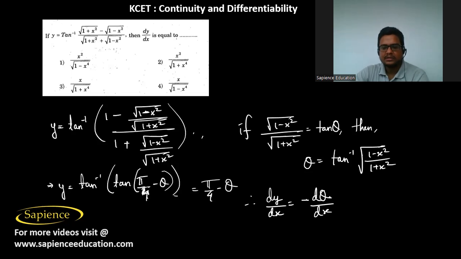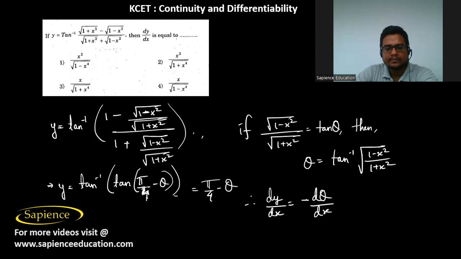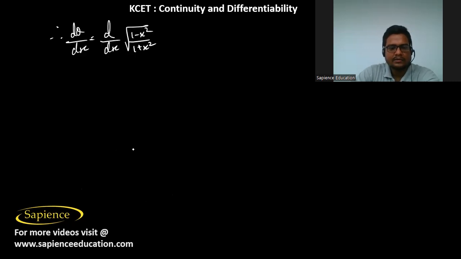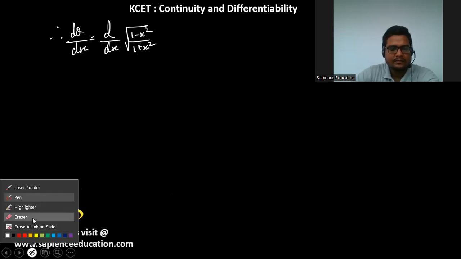Now minus d theta by dx, we have to find d theta by dx first. So now d theta by dx will be equal to d by dx of tan inverse of root over 1 minus x square by 1 plus x square.